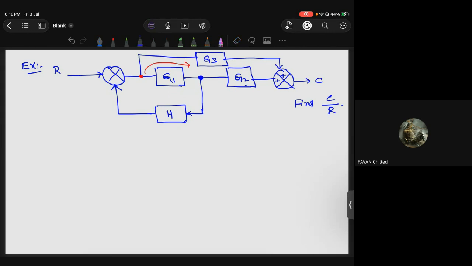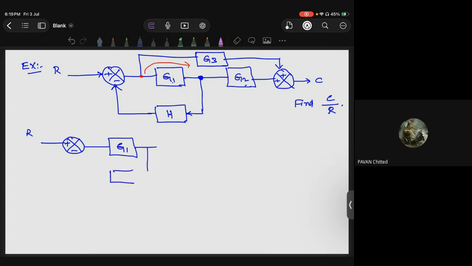So shifting. We wanted to shift that first to that point. What do we do? So let me write it. This is R. So this is plus and minus. So we have plus minus. So assume that I have shifted. So V1.